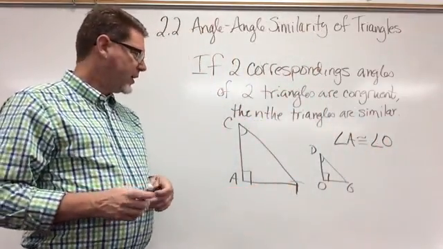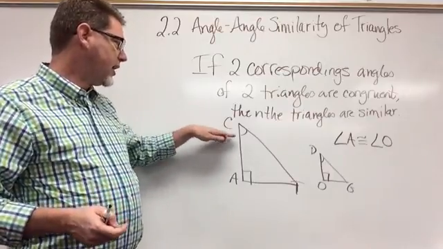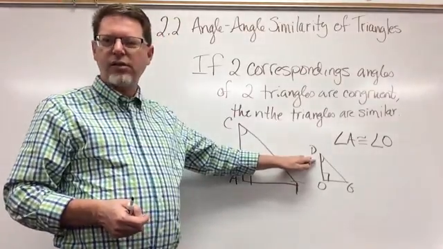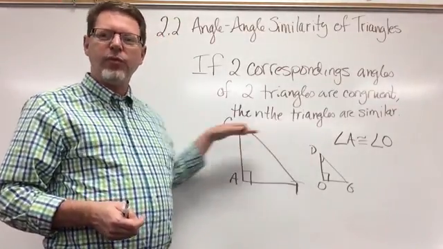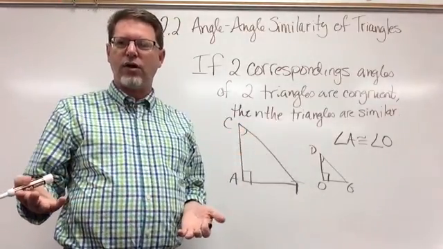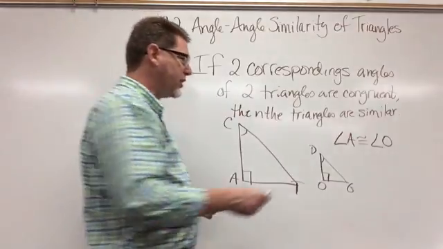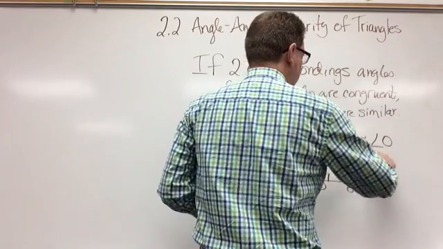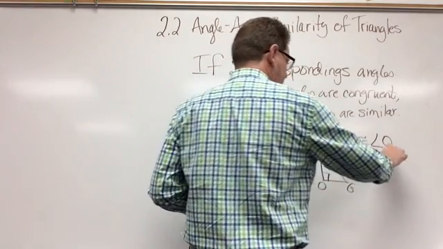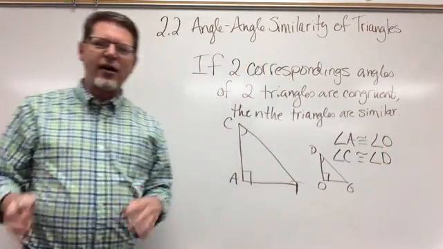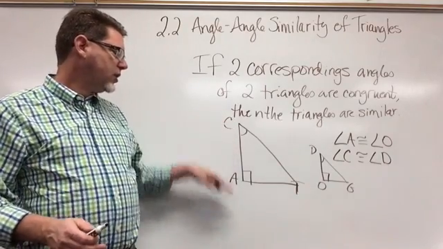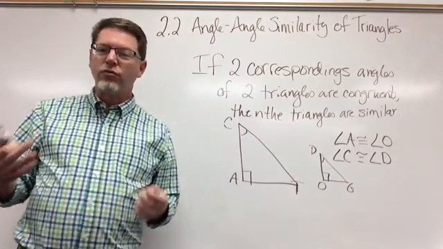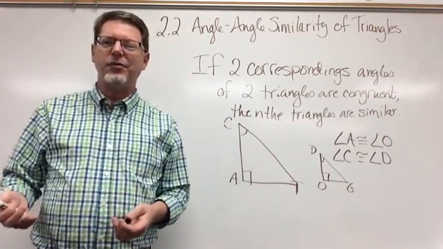Okay? Now, we also can tell that angle C in the big triangle has one loop, and angle D in the small triangle has a loop. Well, that loop we learned yesterday means that those two are congruent. So we could also say that angle C is congruent to angle D. And since now I've proven that two corresponding angles in two triangles are congruent, then the two triangles have to be similar.